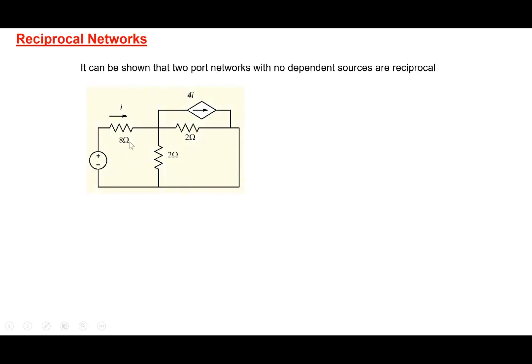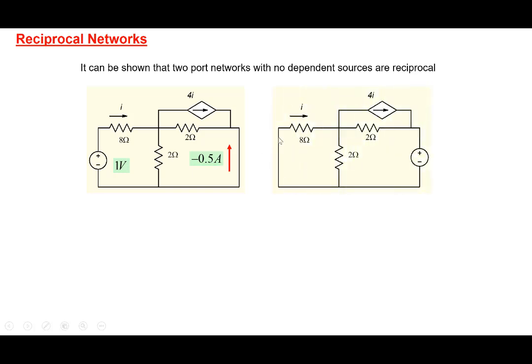Let me give you an example. So we have, this is the input port and this is the output port here. We've shorted the output port and applied a voltage at the input port. If I apply 1 volt, let's say I calculate the current. So if this calculation is correct, let's say this is minus 0.5 amperes here. Now we short the input, we apply the voltage here, same voltage 1 volt.